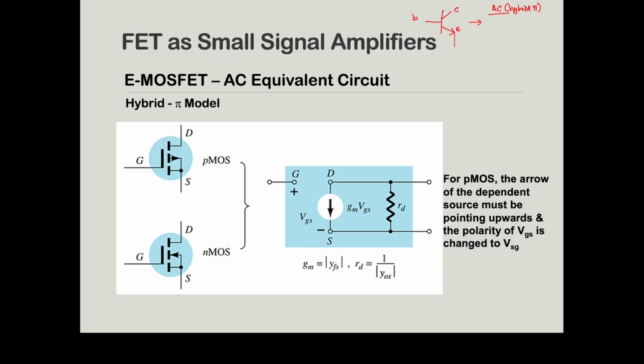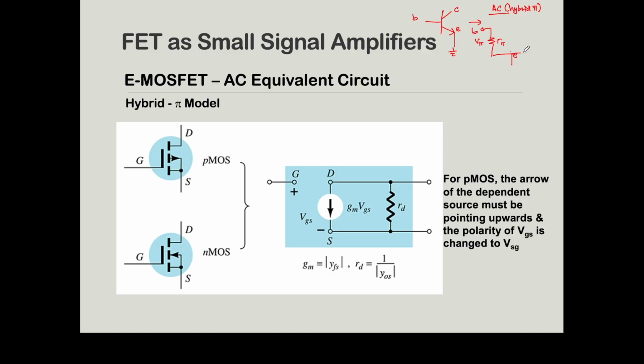Here is your base, this will be your R pi, and this will be your V pi, and this will be your emitter, since the emitter goes straight to ground.